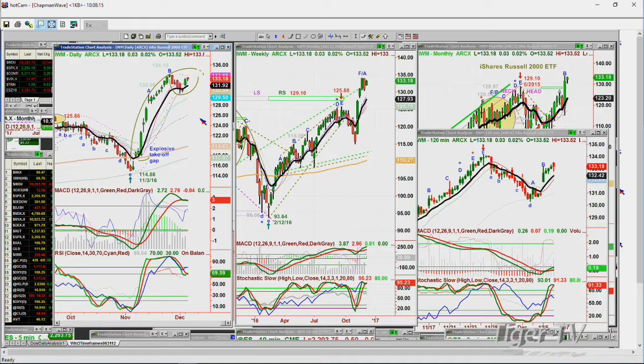is that going to new all-time highs, you would anticipate that something like the Russell 2000 would not stop in the daily at a peak B, but go on to a C and a D. That's just the natural inclination of the Chapman wave buy mode.